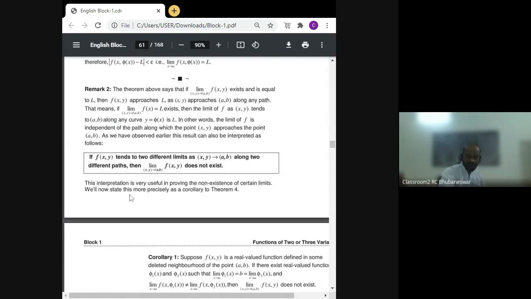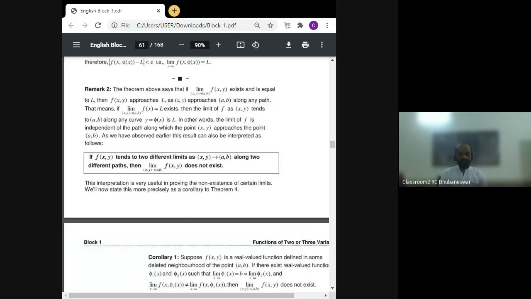That should be kept in mind when we want to calculate the limit of the function. Now let us look at the condition that was highlighted in bold alphabets. We have to keep in mind that if a function f(x,y) tends to two different limits when (x,y) approaches (a,b) along two different paths, then the limit does not exist. That means whenever the limit of a function of two variables exists, the approach from one point to another is path independent.